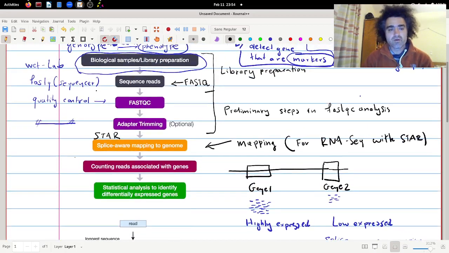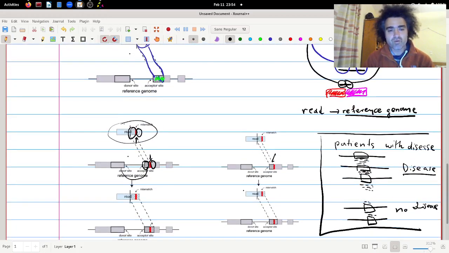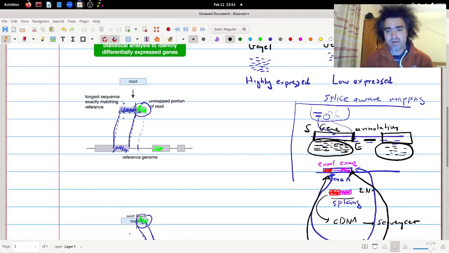Okay, so this is what splice-aware mapping to the genome is, and then we use another tool called HTSeq, if I remember well, and this will convert this mapping information here to read counts. So for example, it will say that for gene A here we have 100 reads, and for gene B we have 56 reads, and so on.